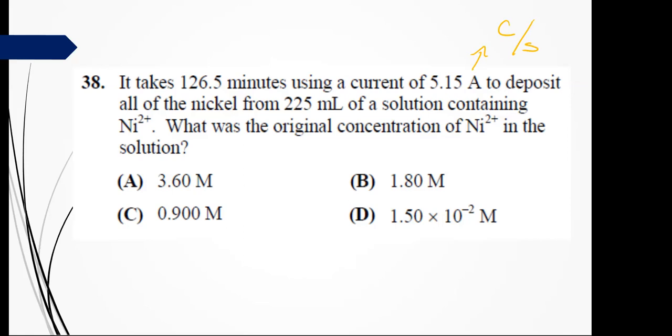So on this one, the moles of electrons is equal to the moles. Is it? If we're trying to take our nickel 2+ and turn it into nickel, so it's times 2 and then divided by the volume, right? Do you want to times it by 2 or do you want to divide it by 2? If you're trying to cancel mole electrons, oh, yeah.